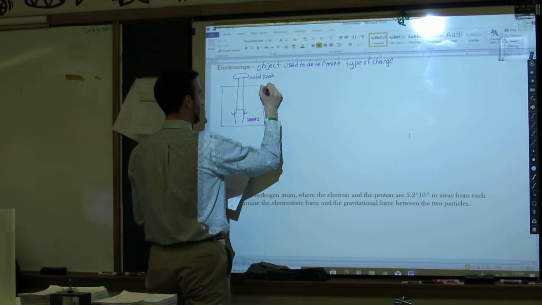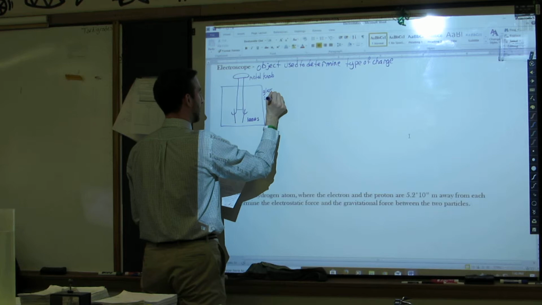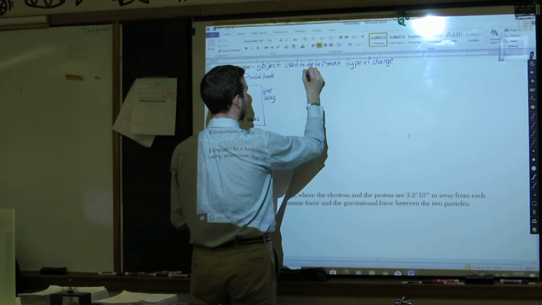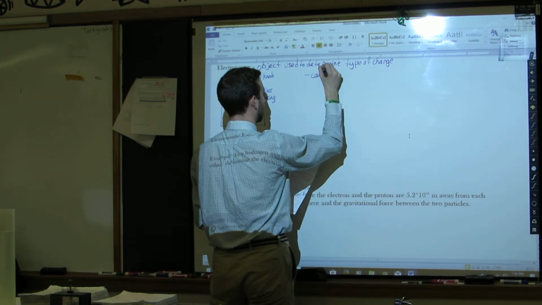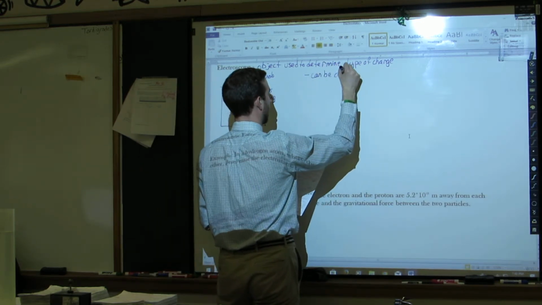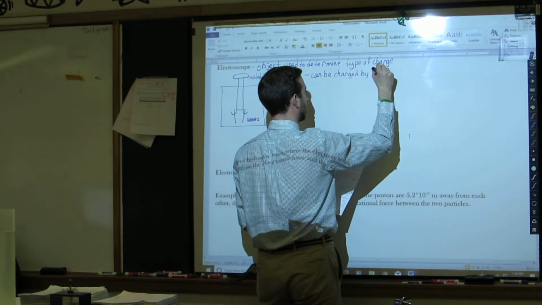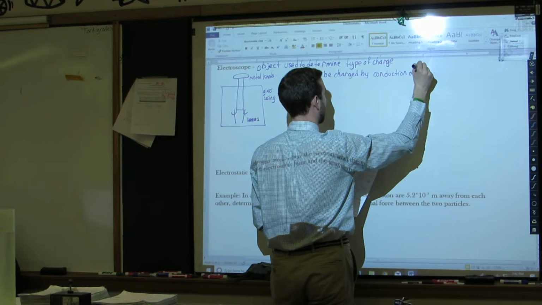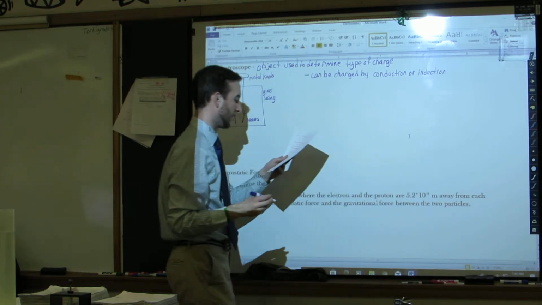And this around it is a glass casing to prevent leaking of charge. Okay? So, the electroscope. I guess it can't be charged by friction, but it can be charged by either conduction or induction. One of the 2.